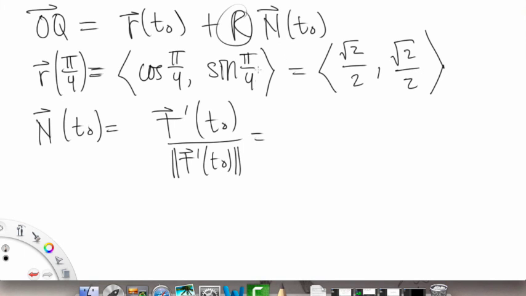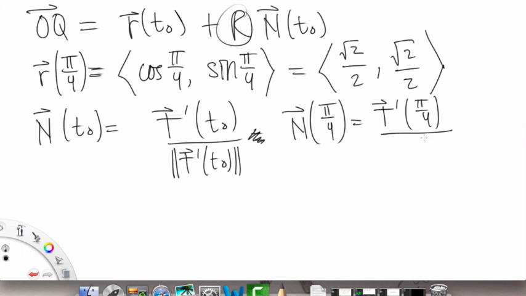Let's aim for N, the unit normal at pi over 4, so we can pin it down to a point. So this is going to be the derivative of the unit tangent vector at pi over 4 divided by the magnitude of that vector. So we have something like that. Now let's solve for both of these.